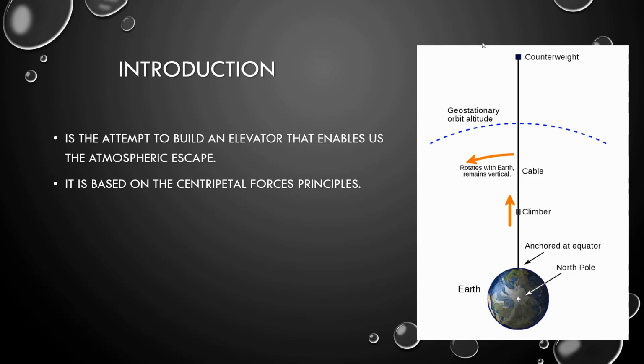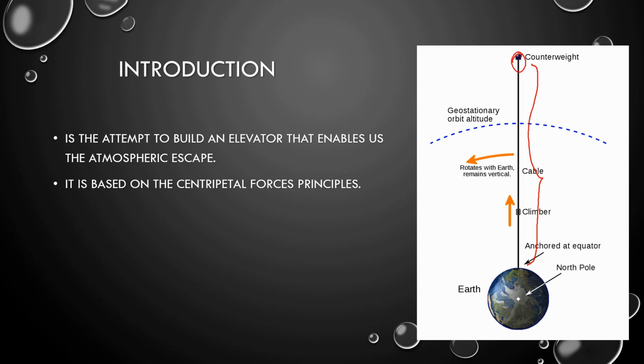The space elevator is divided into three main parts. Firstly, the cable, that is this part. We will see the materials we can use to cope with the stress and all the problems that carries. The next part is the counterweight.